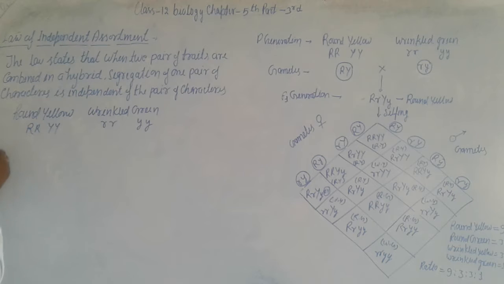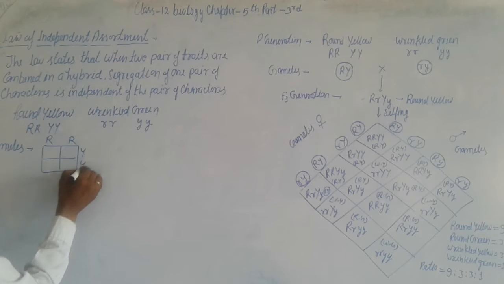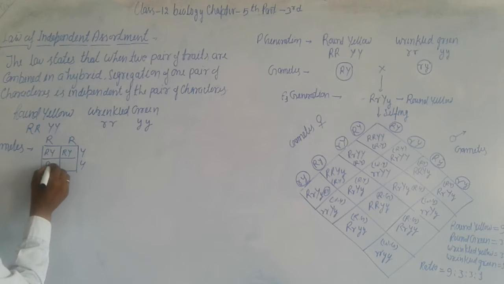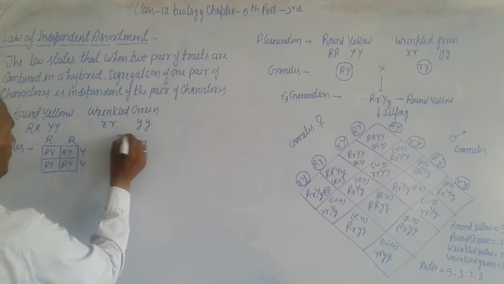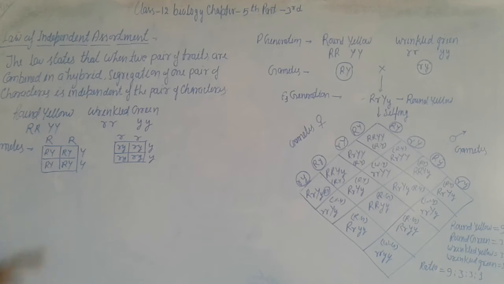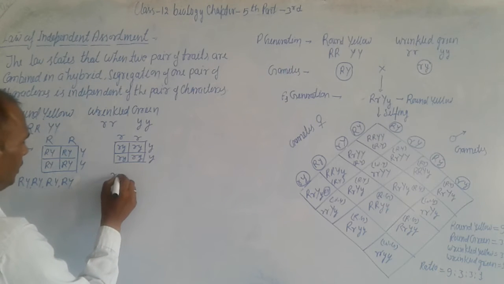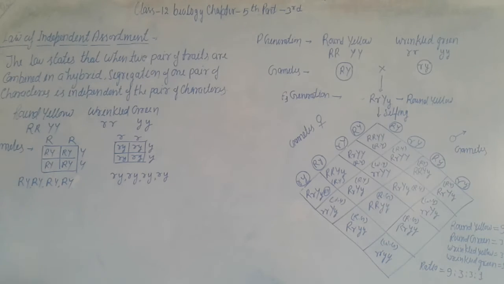We make gametes. From the round yellow parent all gametes are R Y, and from the wrinkled green parent all gametes are small r, small y. So we found here RY, RY, RY, RY, and here ry, ry, ry, ry.